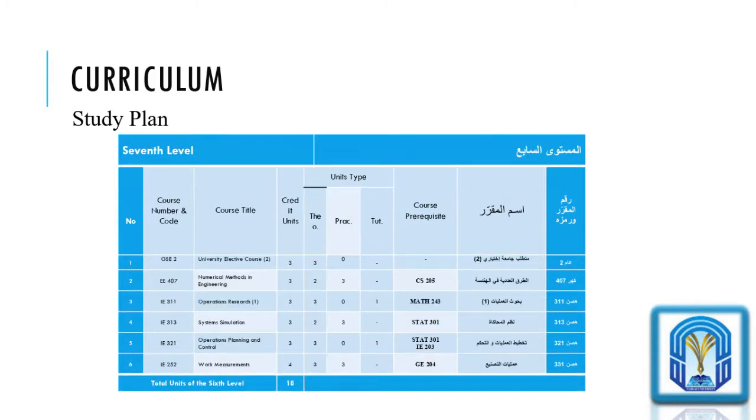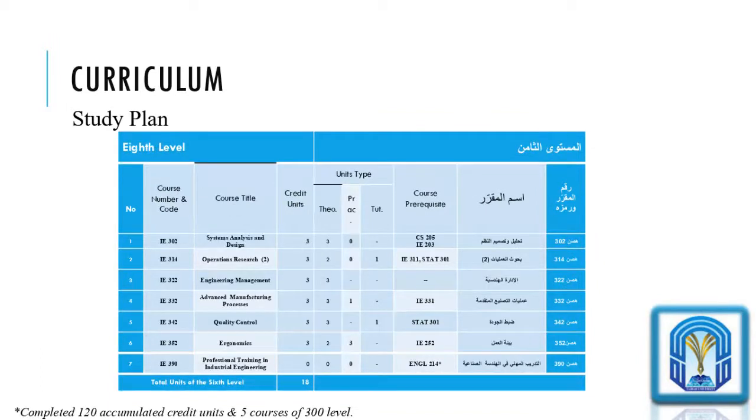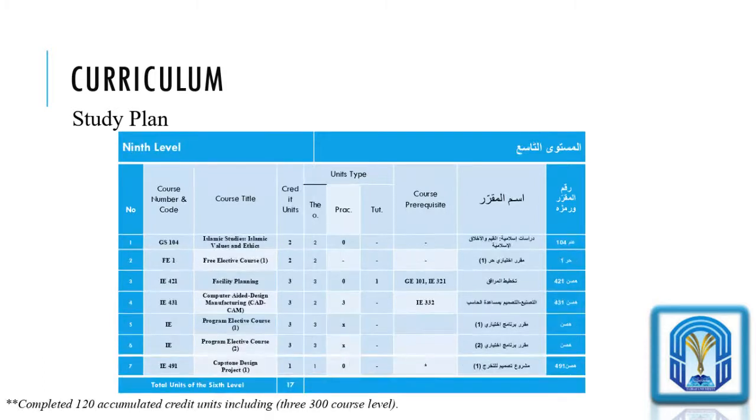It is always recommended by the department, the program and the college to stay on the study plan and not drop or withdraw any courses, so you can graduate on time and accumulate the knowledge in a correct manner and order.